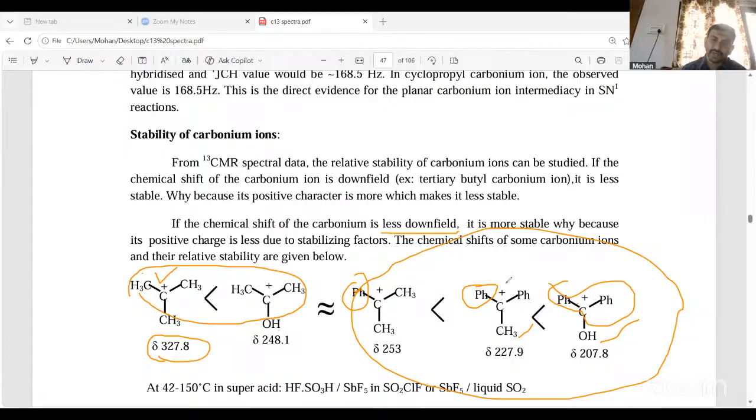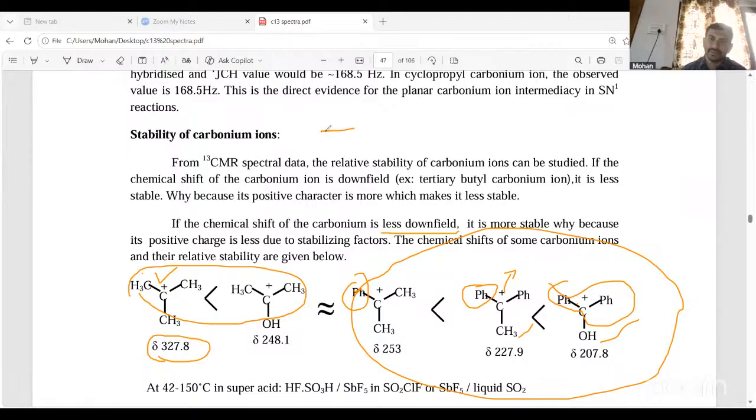if that carbocation positive charge is in conjugation with that particular benzene, then it is involved in resonance. It is acquiring more stability, right? Resonance is a stabilizing factor.